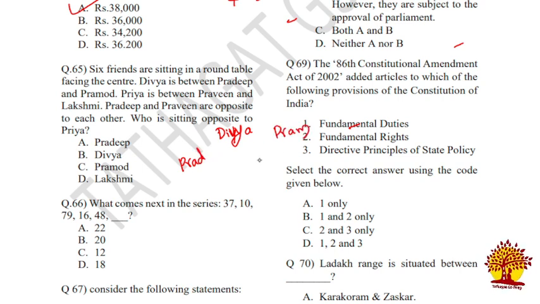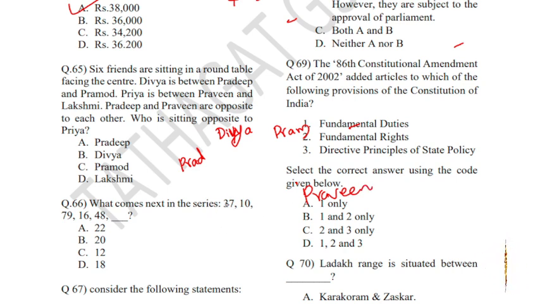Okay, Pradeep and Pramod. And the second one is Priya sitting between Praveen and Lakshmi. But the third statement, Pradeep and Praveen are opposite to each other. Praveen should be here.